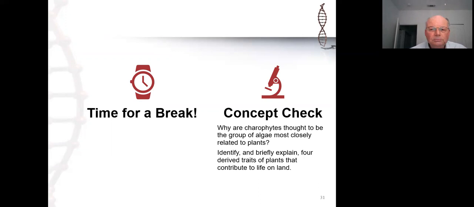I'm having a senior moment at the moment, and I'm not entirely sure why, because these are things that usually I can recite off really quickly. The formation of the phragmoplast, the structure of the sperm, and the fact that you've got walled spores with the sporopollenin in the wall, protecting the spores.